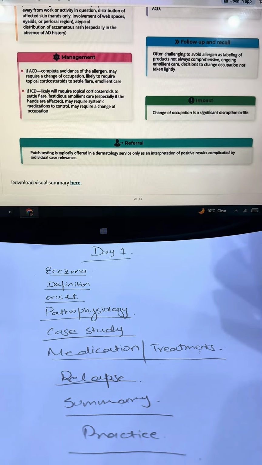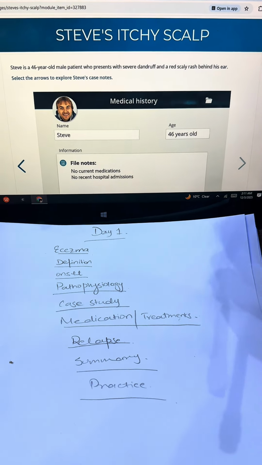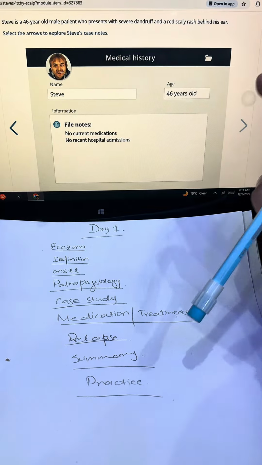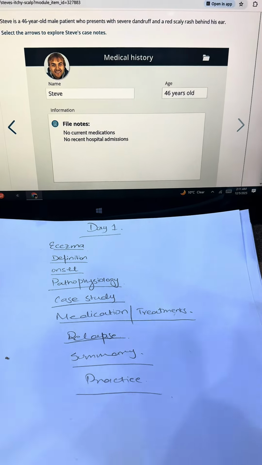The last case of this lecture is Steve's itchy scalp. Steve is a 46-year-old male patient presenting with severe dandruff and a red scaly rash behind his ear. Moving forward, his medical history: no current medication, no recent hospital admission.